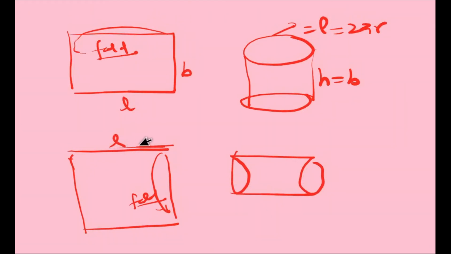Then length equals height, and breadth equals circumference. So breadth equals 2 pi r.